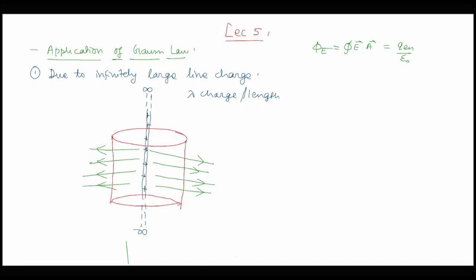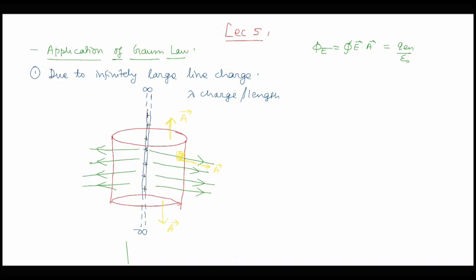If I select a patch at the curved portion of this cylinder, the direction of the area vector and that of the electric field is the same. On the top surface, the area vector is along the outward normal, in this direction, and on the lower surface it is also along the outward normal, in this direction.